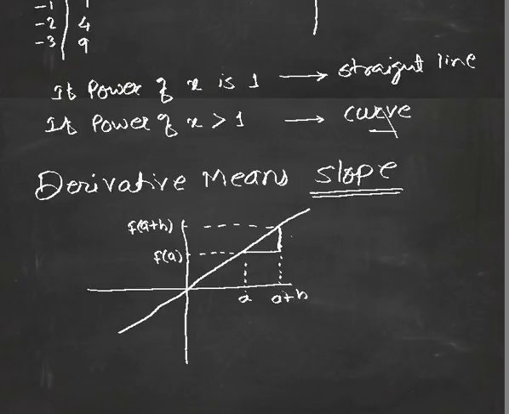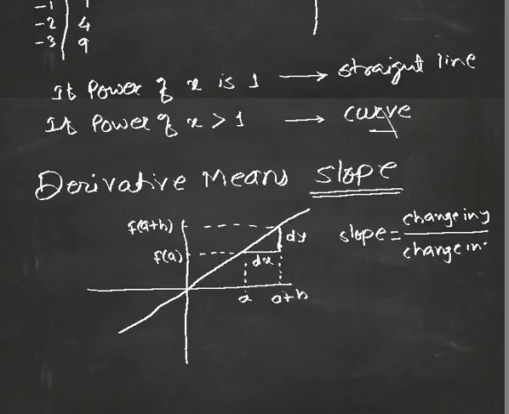So this is change in y, and this is change in x. So by definition, slope, as you learn in school, is change in y divided by change in x. The ratio is called slope. So it will be dy by dx.